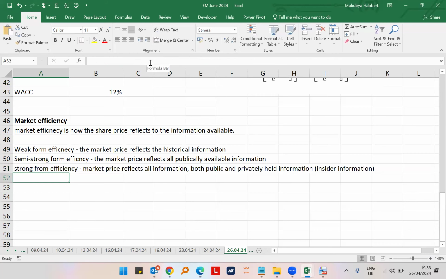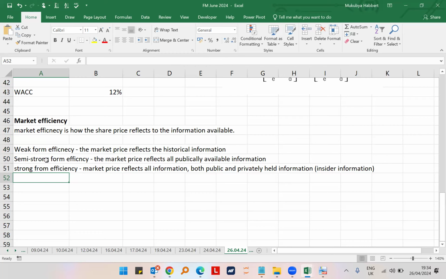So now, the distinction between semi-strong and strong form is that with the semi-strong, you are still able to predict, or if you are able to get insider information that no one else has, then you can beat the market somehow.